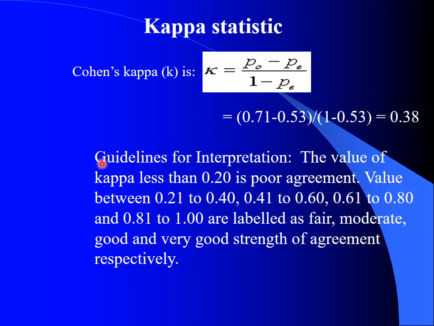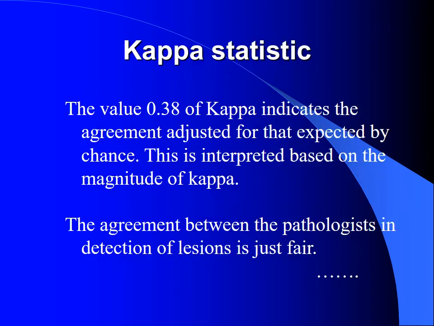There are guidelines for interpretation, different guidelines by different authors. A Kappa value less than 0.2 is a poor agreement. A value between 0.21 and 0.4 is fair agreement, 0.4 to 0.6 is a moderate agreement, and 0.8 to 1 is very good strength of agreement respectively.